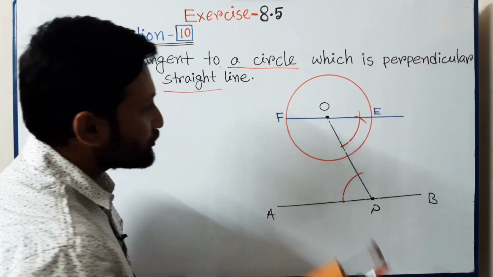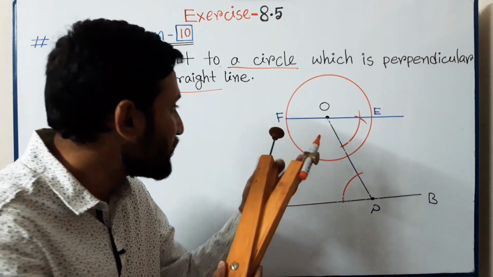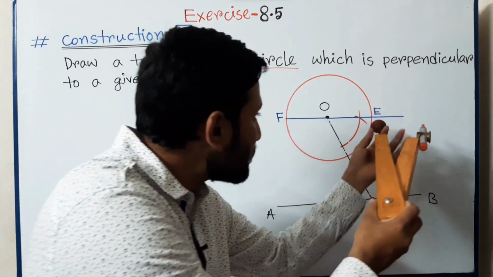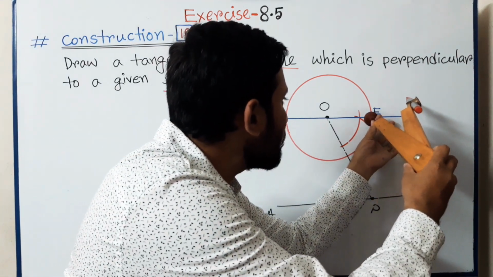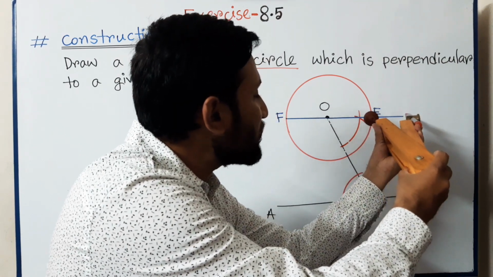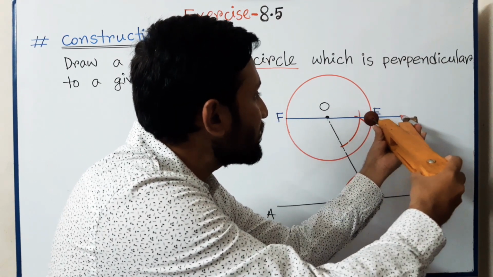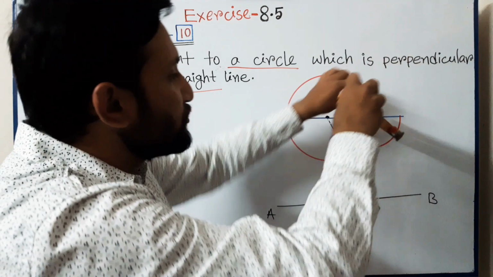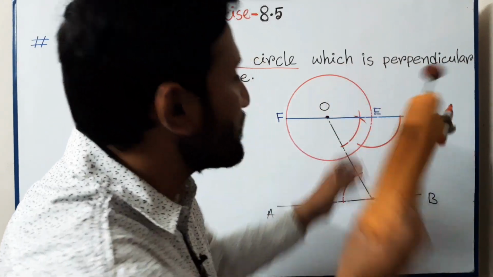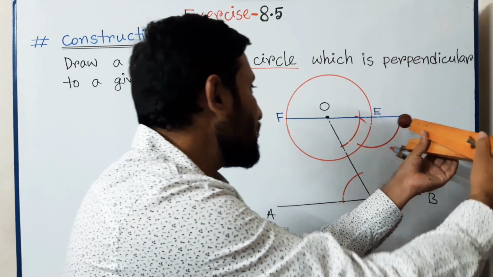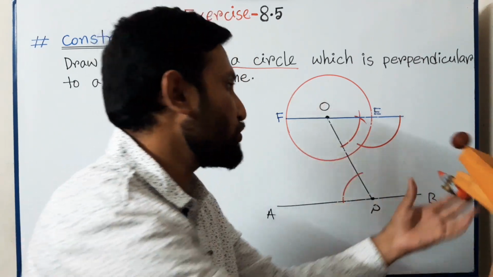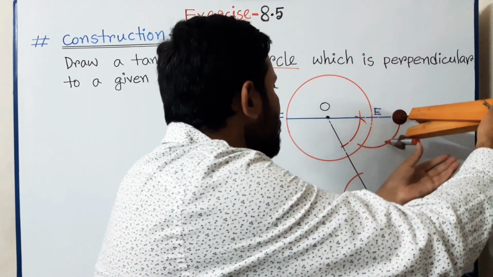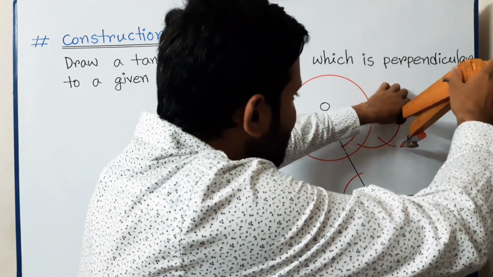So at first draw a perpendicular from the point E and from the point F. First set the compass at the point E. To draw a perpendicular, in any measurement draw an arc here. You already know how to draw a perpendicular. With this same arc distance, part this arc in two portions. Again set the compass here and part the two portions like that.